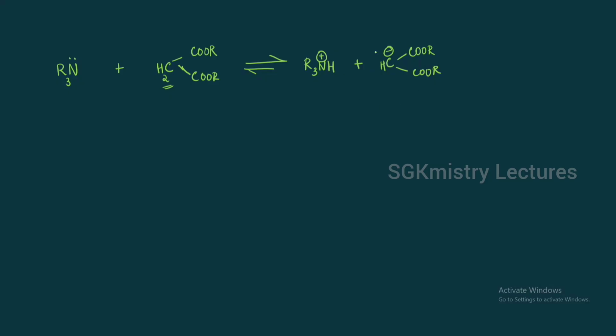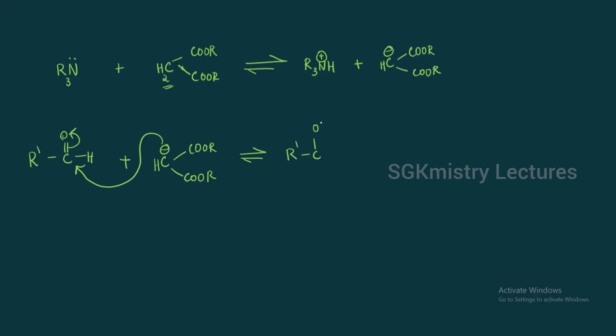Now this carbanion can attack the aldehyde or the ketone which you're going to take. So let us take the aldehyde. Let me write the general formula, R dash C double bond O H. We are taking this carbanion now, with COOR and COOR. Now this attacks the carbonyl carbon and this bond shifts here. So you're going to get R dash C O minus H, here CH, COOR, COOR.